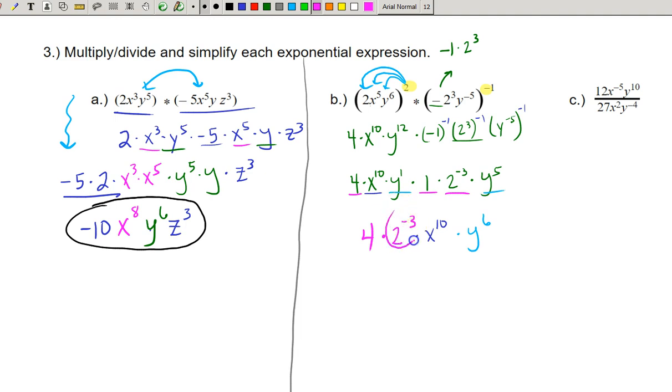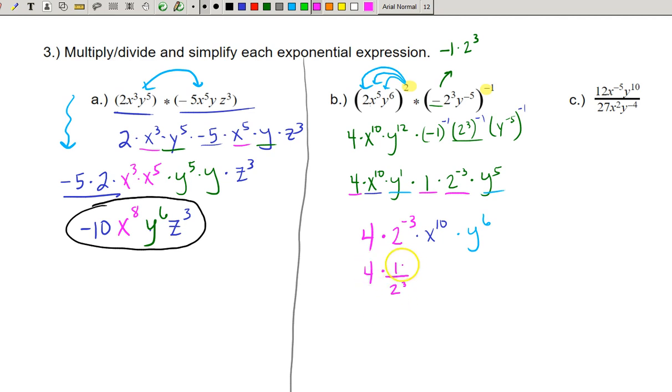So this guy right here, okay, 2 to the negative 3. If I want to write that with a positive exponent, all I'm going to do is, again, bring that 4 down, and I'm going to write this as 1 over 2 to the positive 3.